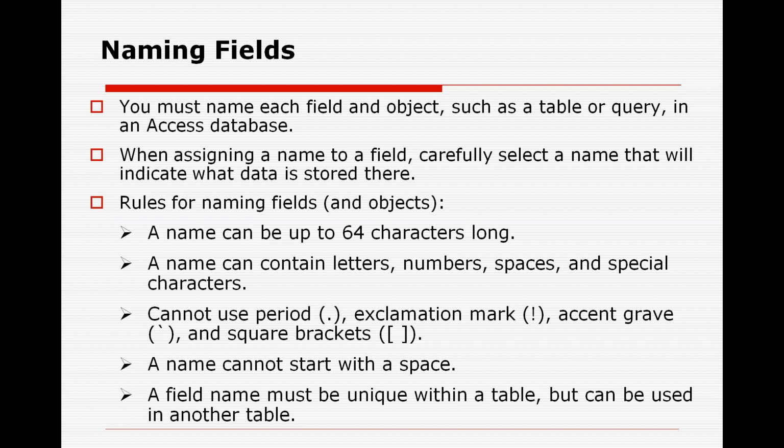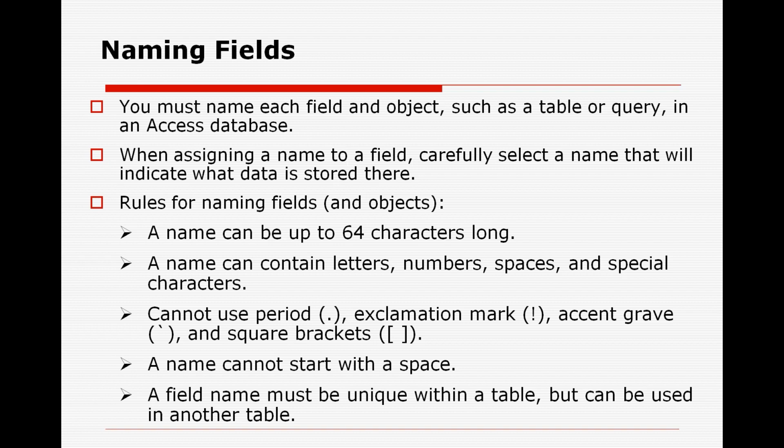A field name must be unique within a table, but can be used in another table. That means in one table you have a field called student name, maybe for example S name. Within the same table, you cannot have another field called S name. The field name must be unique within a table.